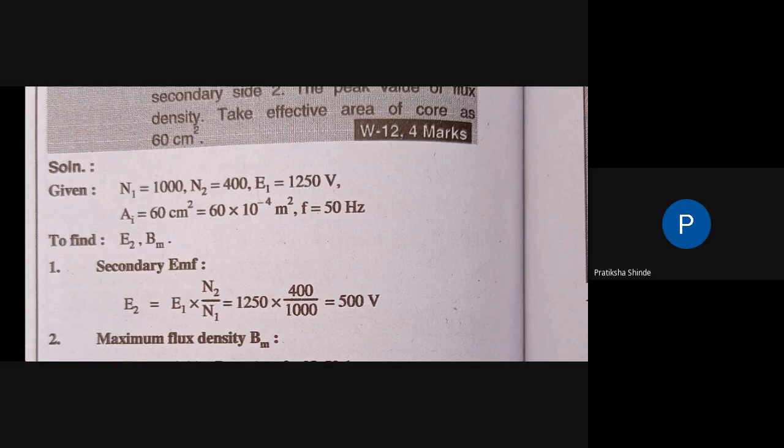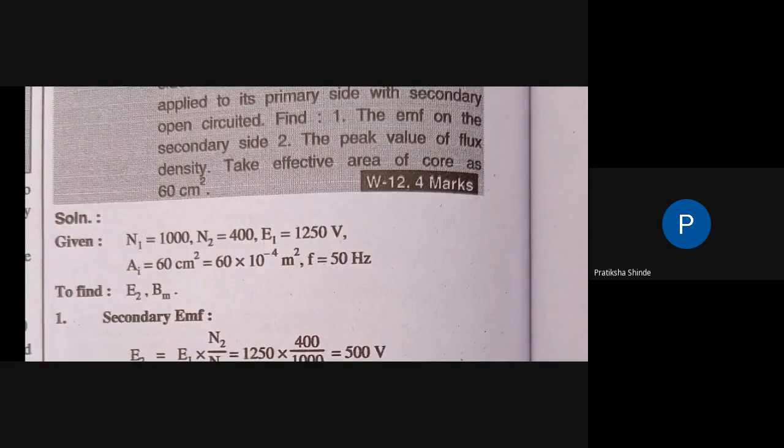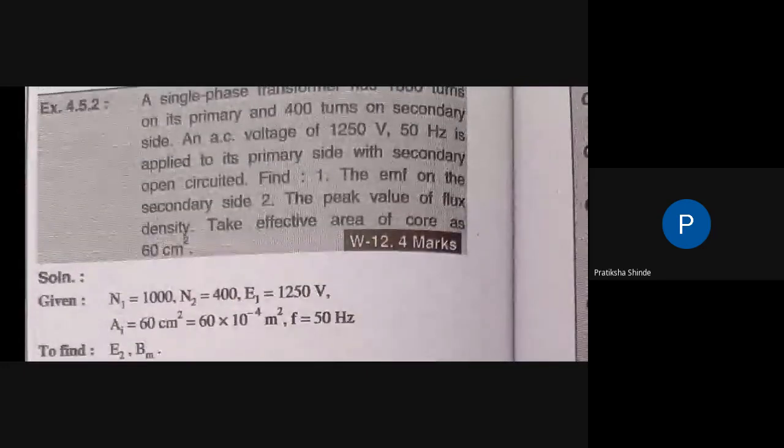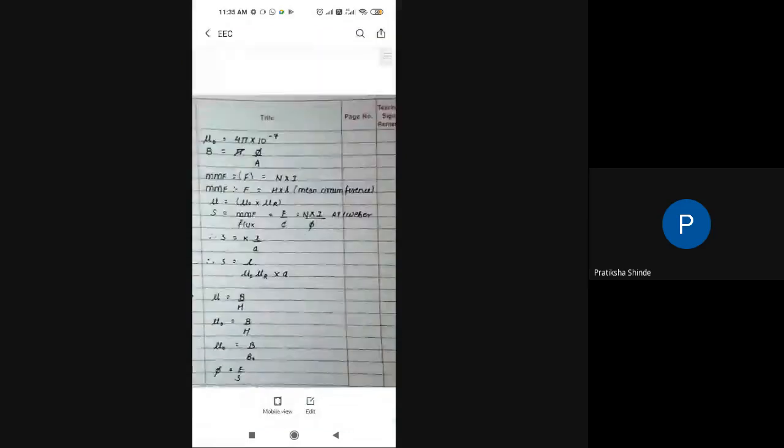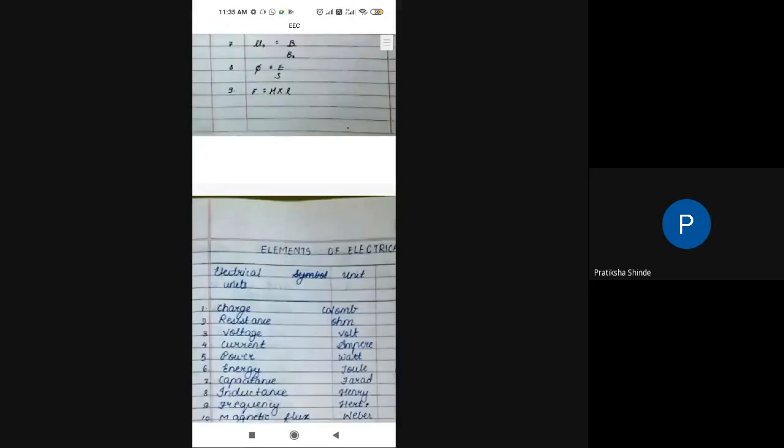Next, you have to calculate what? The peak value of flux density, that is phi m. I hope you have written down the equations. What is phi m? I think it is not given, but what is the flux density from your magnetic circuit chapter?